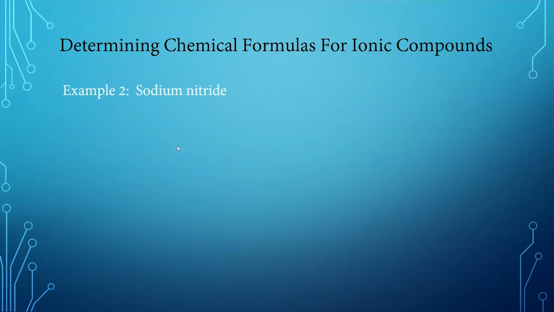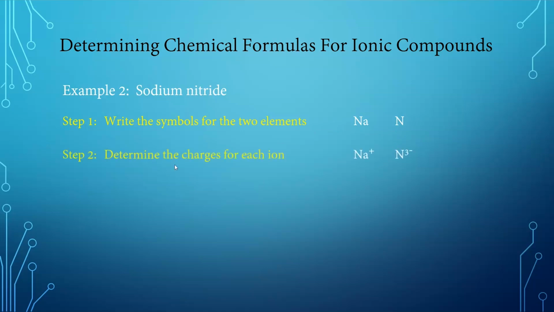Let's take a look at another example, sodium nitride. So sodium is Na, nitrogen is N, that's our first step. We want to determine the charges. Sodium is in group 1, it will be a +1. Nitrogen is in group 5, which means it will be a -3.